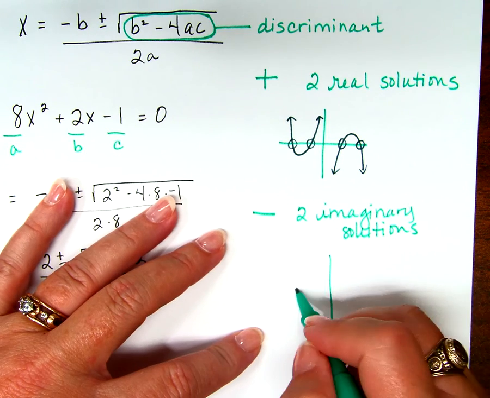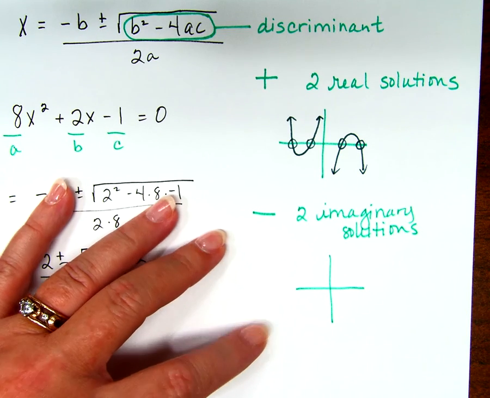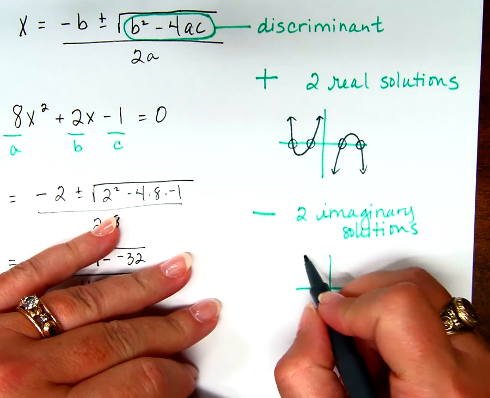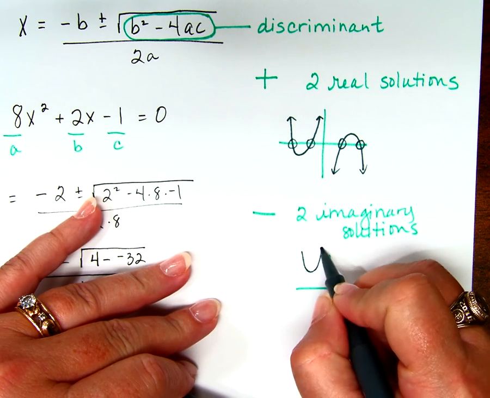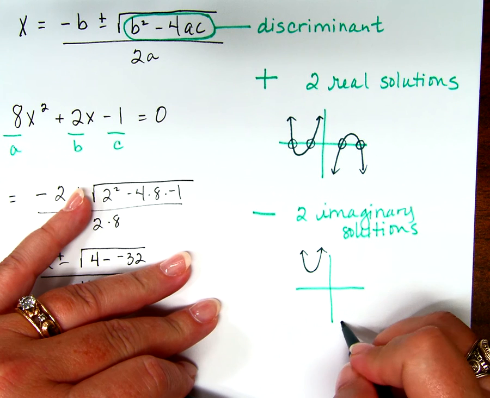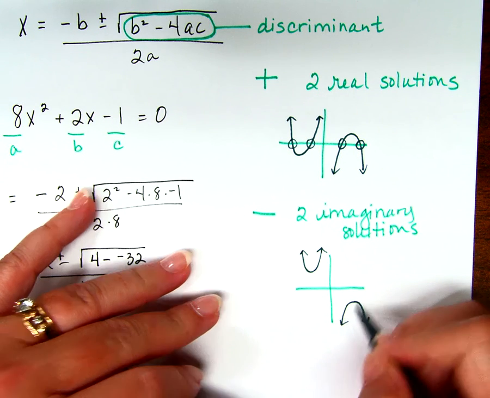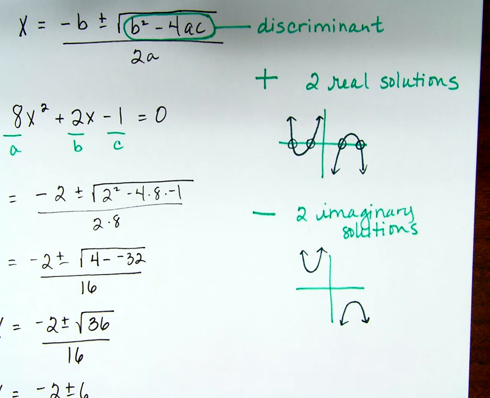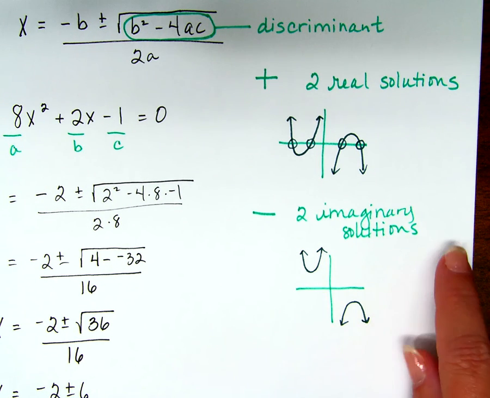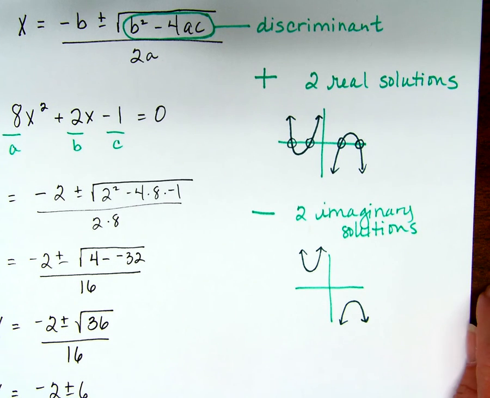So if I graphed it, it might look something like this, if it's opening up, or like this if it's opening down. It's not crossing the x-axis at all. Because that's where our solutions are, right? That's where our graph crosses the x-axis. So if it doesn't cross the x-axis, would that make sense that there are no real solutions? But in this case, 2 imaginary solutions, right?